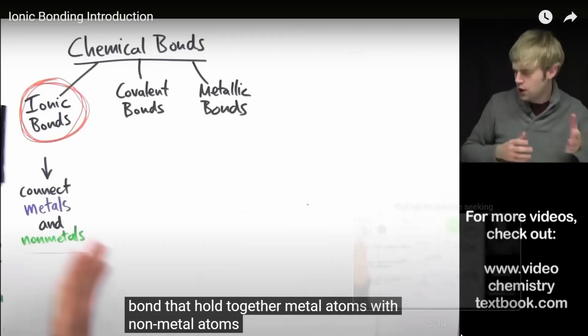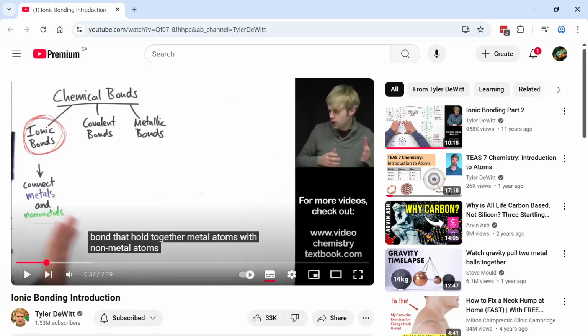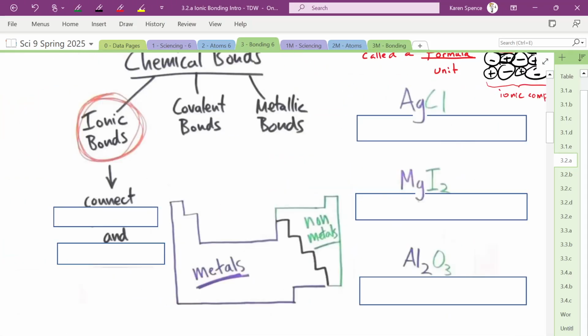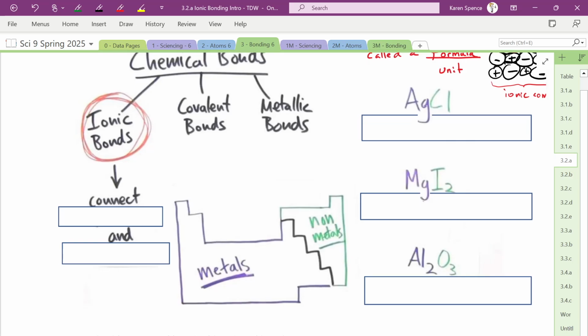So you can fill in on your little table there: ionic bonds, what do they connect? They connect metal and non-metal. Can you guess what metallic bonds connect?